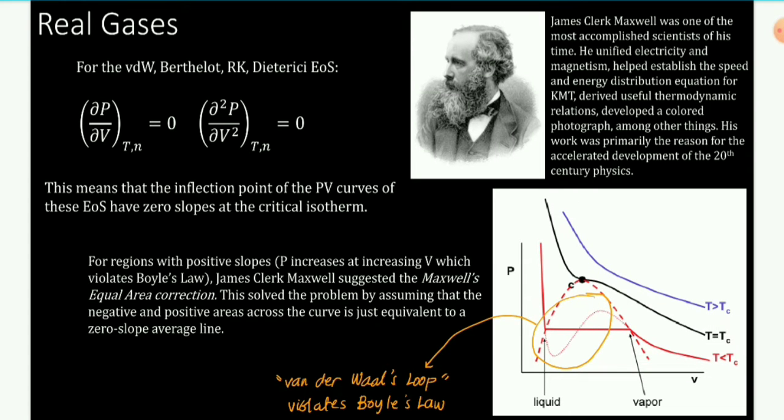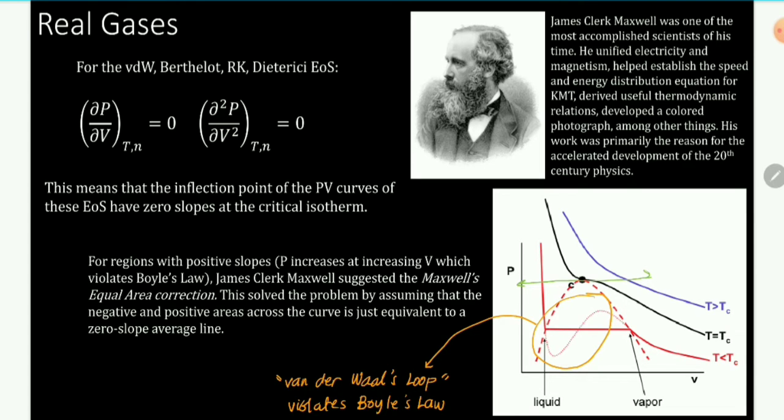So, for real gases, to be able to determine the critical point or the critical isotherm, you'll have to find the isotherm, where the inflection point, partial derivative of pressure with respect to volume, and the second partial derivative of pressure with respect to volume are both zero. Ibig sabihin, yung slope ng isotherm na yon, tsaka yung rate of change ng slope ng isotherm na yon ay both zero.